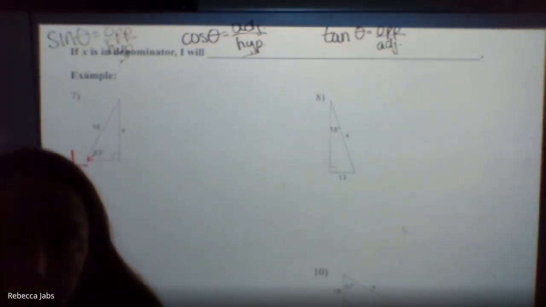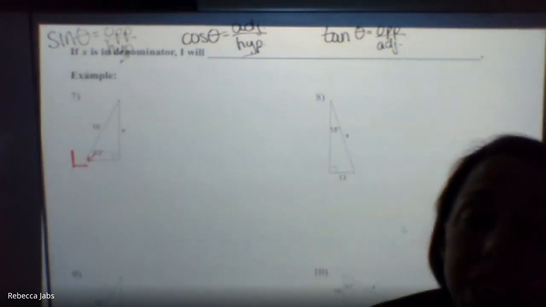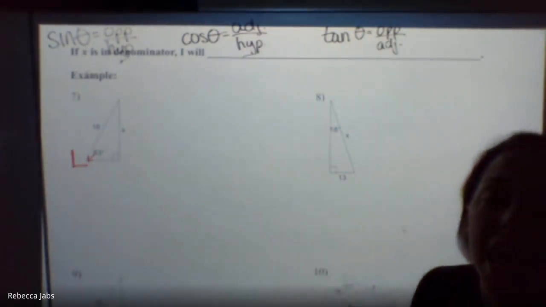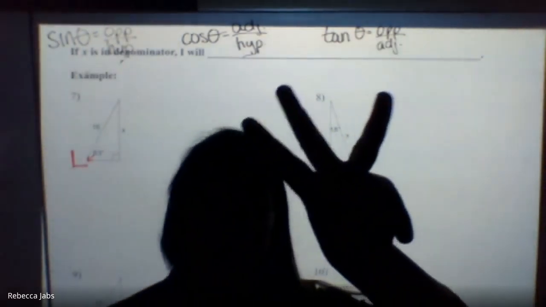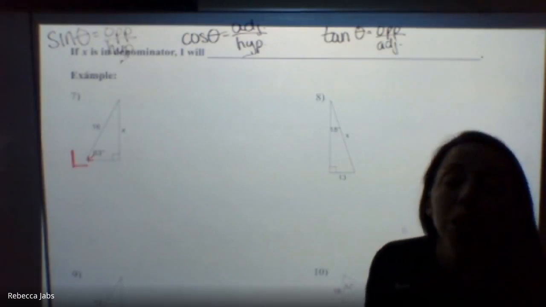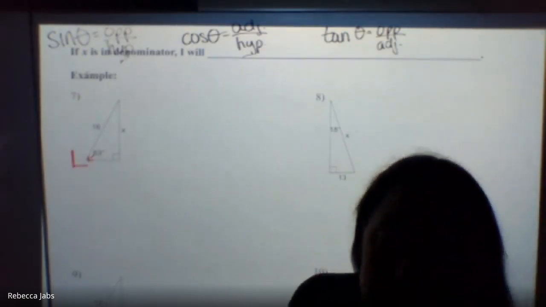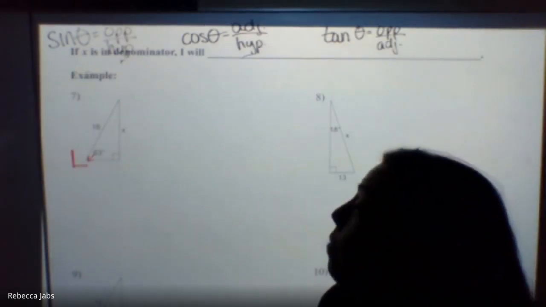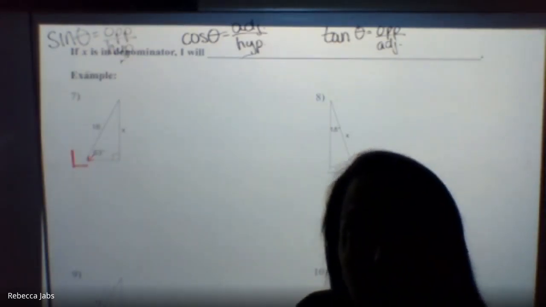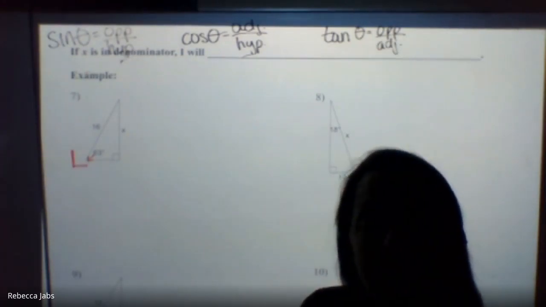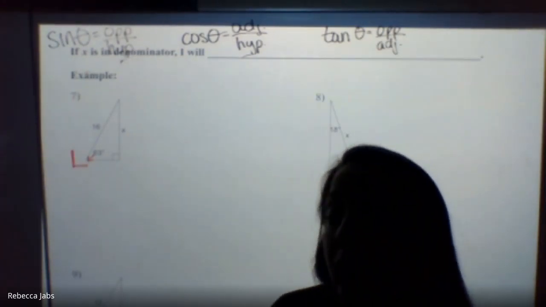So Leasia, would you please either unmute yourself or talk in the chat, please? According to angle L, there's 3 words again, remember, opposite, adjacent, and hypotenuse. I don't care which order you tell them to me in, whether you type them in the chat or if you speak. Would you please tell me what 16 and X represent according to angle L?